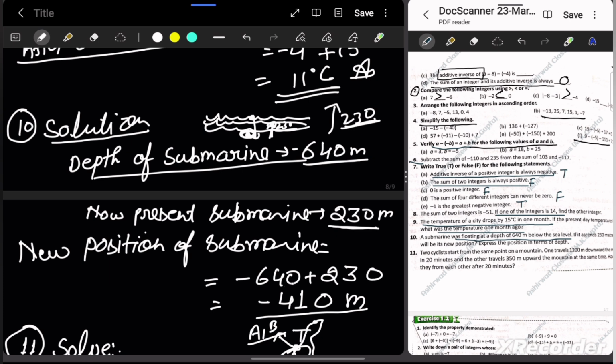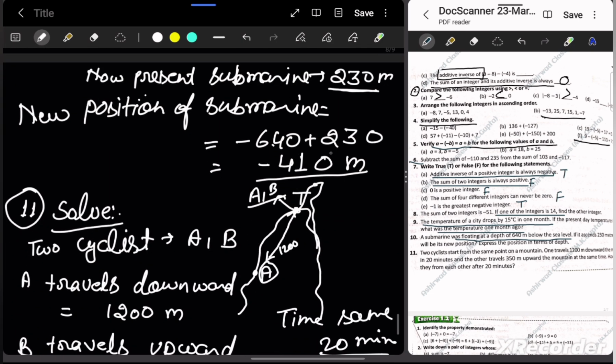Here minus 640, the negative integer, is larger than the positive integer. Minus 640 plus 230 is minus 410. So the new position of the submarine is minus 410 meters.